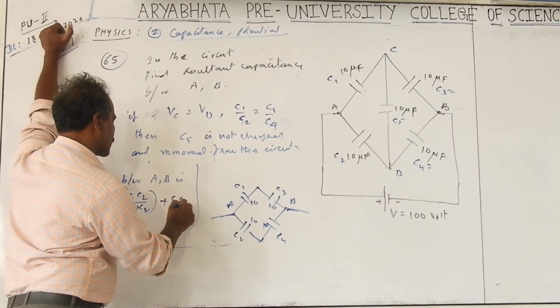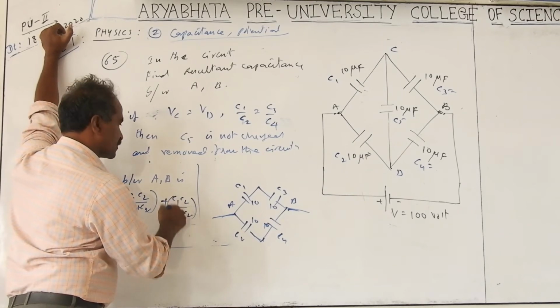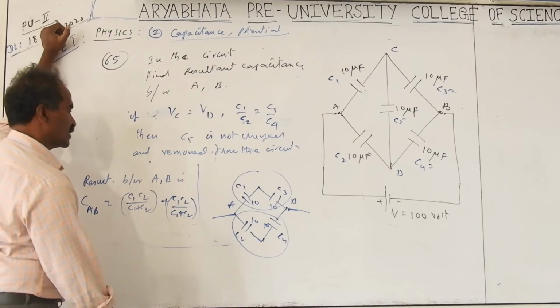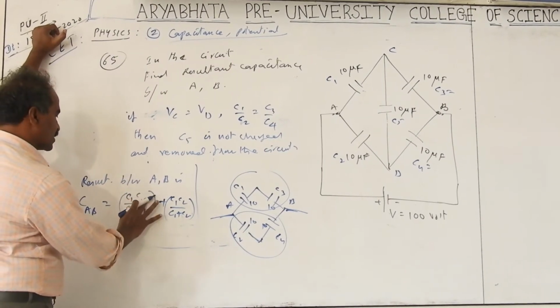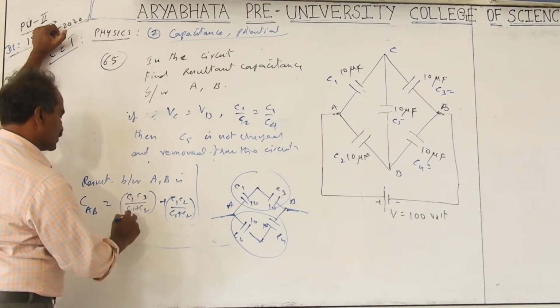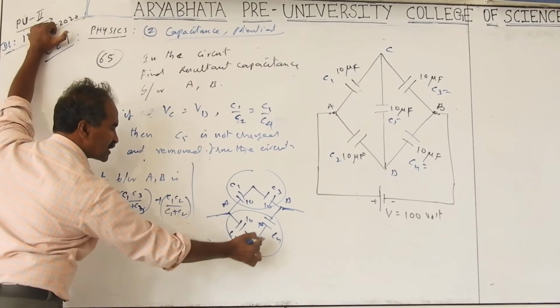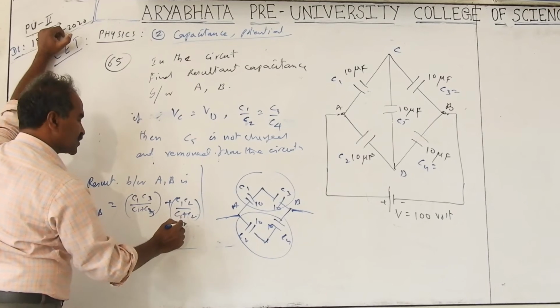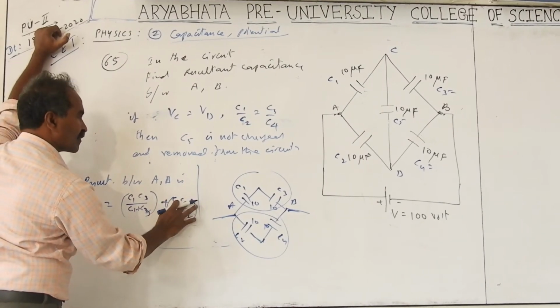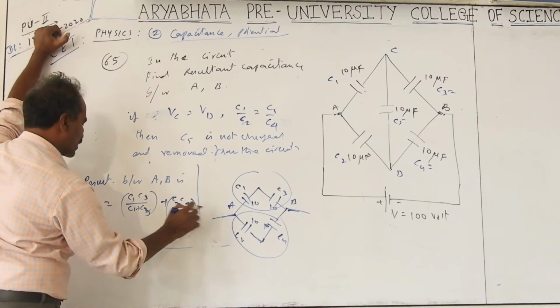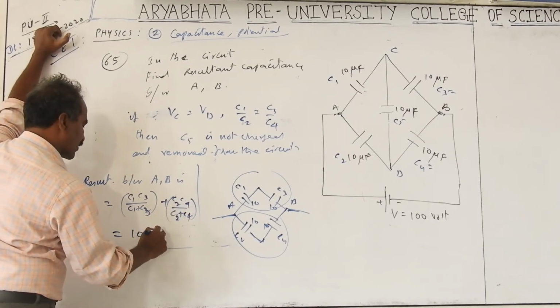C1 C3 by C1 plus C3 is the top answer, they are coming in series, and these are also in series. This is C2 C4 by C2 plus C4. Here they are all equal, so the result is 10 microfarads.